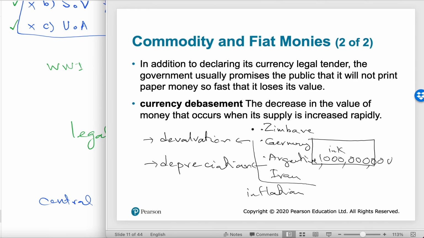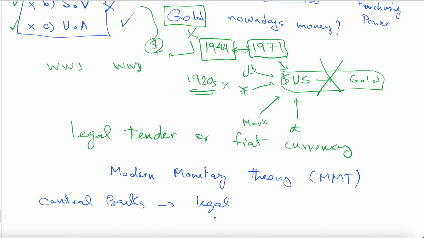These are facing hyperinflation. It's not just single-digit inflation, 1%, 2%. It's more than 50%, sometimes 100%, or 1,000,000% inflation, as we learned in chapter 7 on how to measure inflation. So this is the meaning of money, and the central banks are basically controlling the legal tender value deliberately.